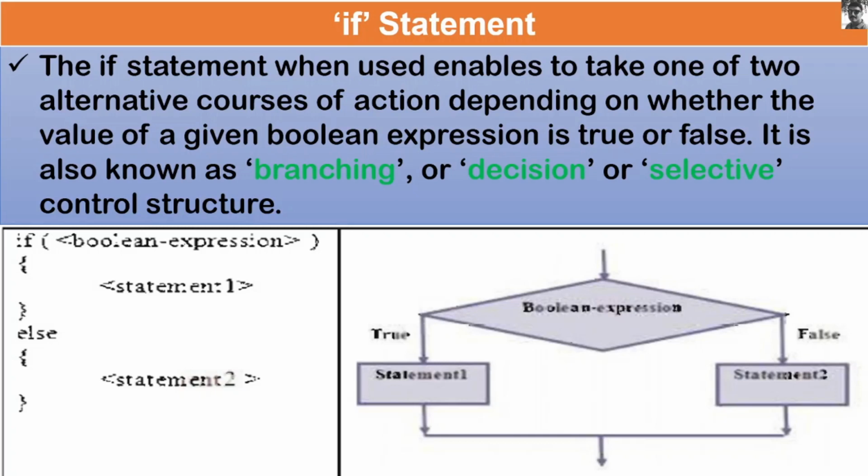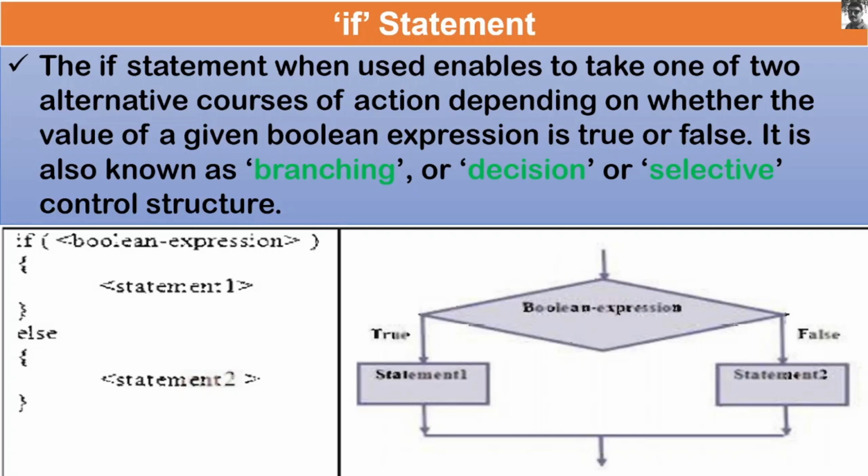If you take an umbrella, then you will not get wet during rain, else you will get wet. So the if statement is something we always use in our spoken language, and it is used in programming the same way. When used, the if statement enables us to take one of two alternative courses of action depending on whether the value of a given Boolean expression is true or false.